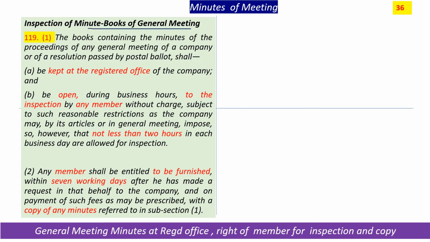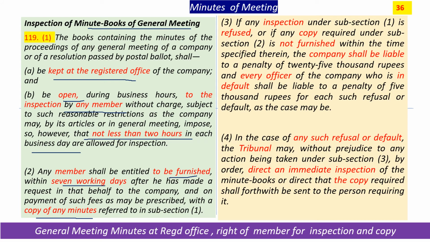Minutes of the meeting are kept at the registered office and shall be open to inspection by any member for not less than 2 hours in each business day, and the company can give him a copy against a fee within 7 working days.